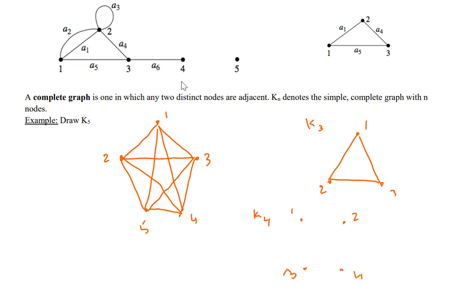And so here we go, every node connected with all of the others, and so on. So we'll stop here with terminology. In the next video, we're going to see more about graphs. I hope this is helpful.